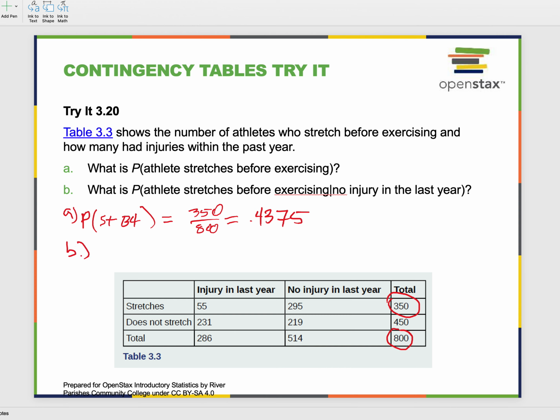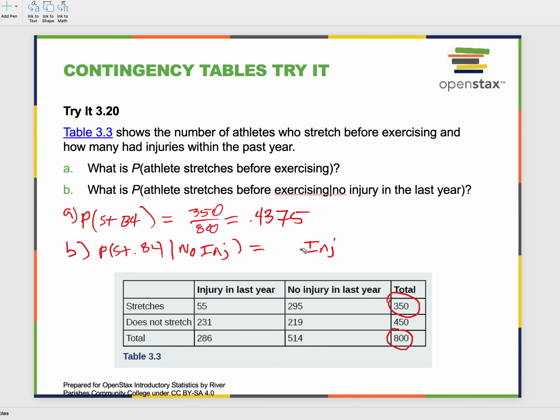What is B? Athletes stretch before exercise given no injuries. Probability of stretch before given no injuries. Well, this is a probability of no injuries. Oh, I'm doing it wrong again. I'm going to make sure I look at it right so I don't screw up.